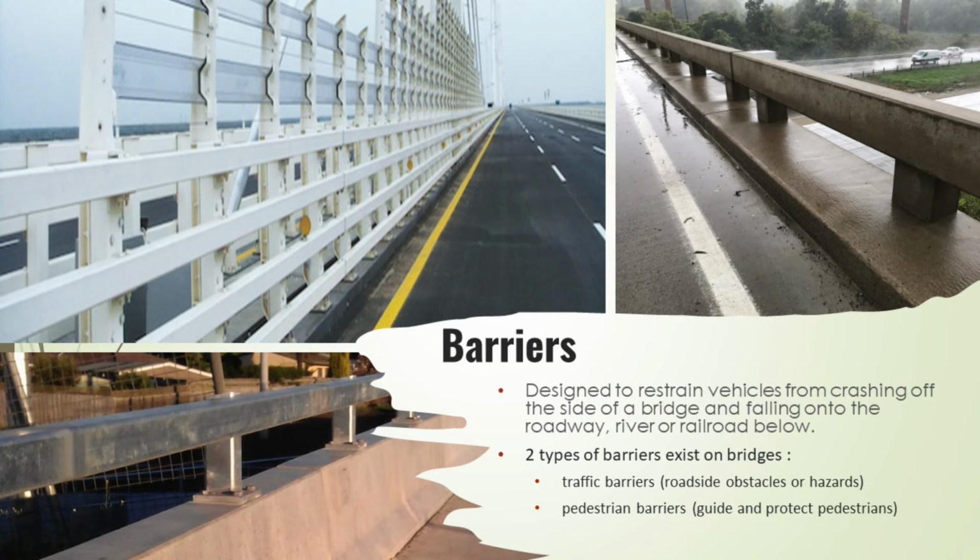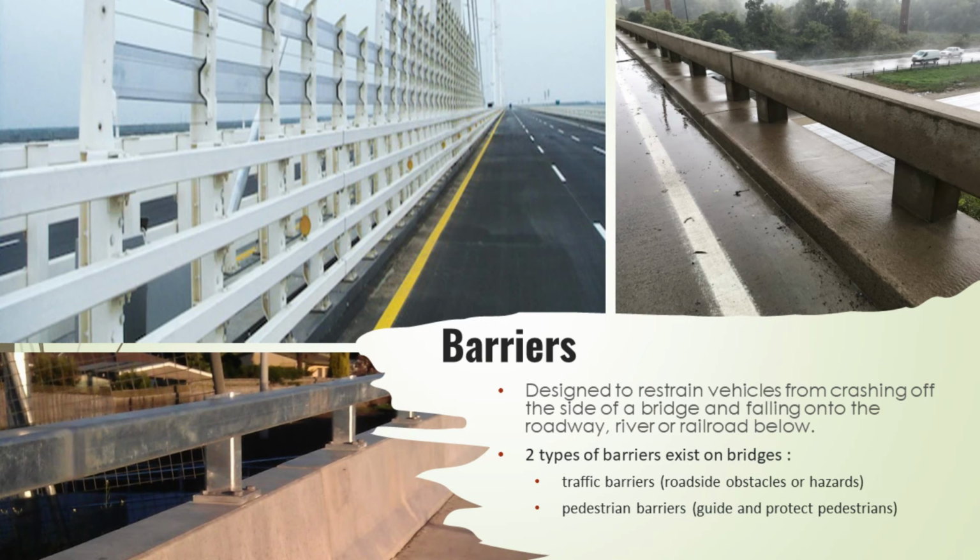Next, the barrier. The barriers are those safety and protection features that typically line the side of the deck on every bridge. Barriers are normally designed to minimize injury to vehicle occupants in a collision with the traffic barrier.